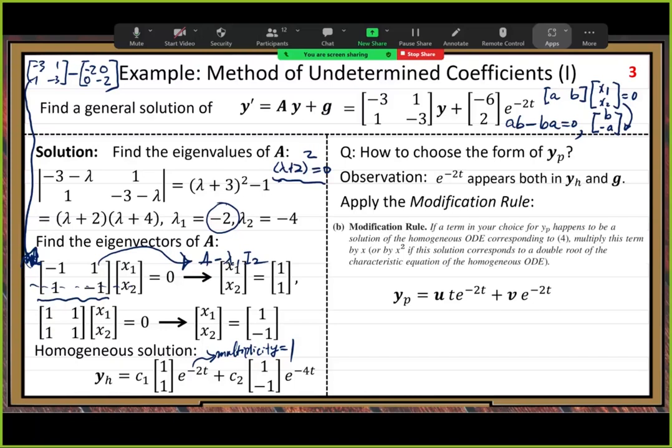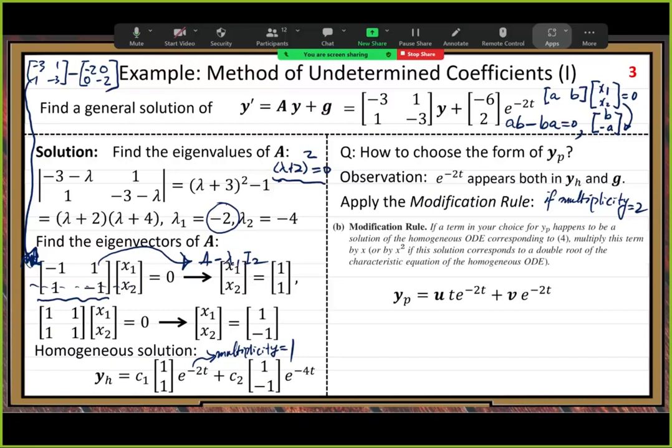Here, let's consider if multiplicity equals 2. The best structure we write in this way.